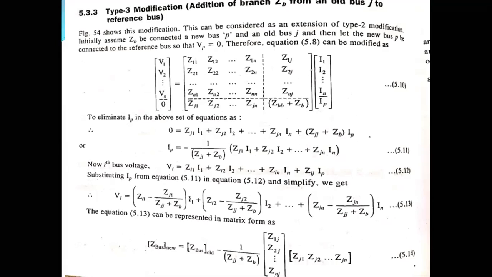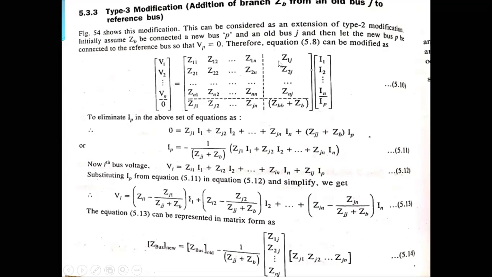Then let the new bus P be connected to the reference bus. Then we obtain the Z bus matrix, with the Z bus old matrix.